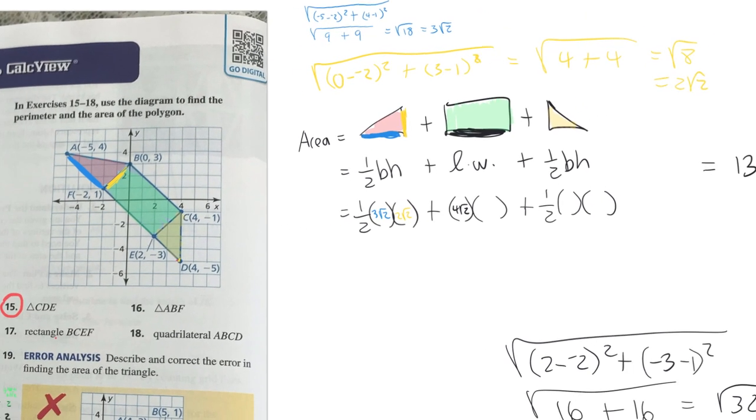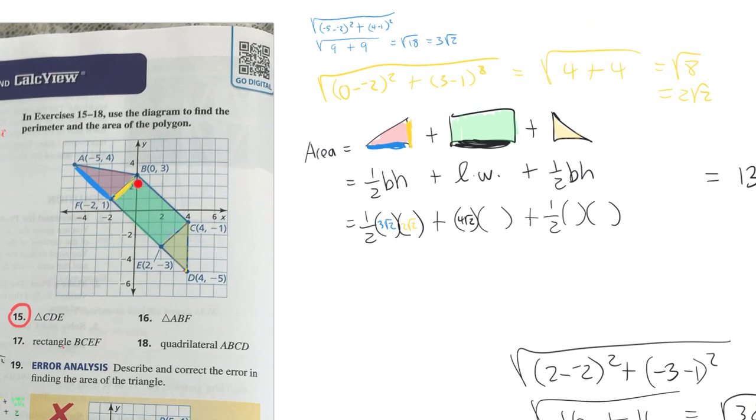Okay, now here's the beautiful thing. The height of the rectangle we already found. It's the same as the height of the triangle, and that was 2 radical 2. So we could just write 2 radical 2 there. Over here, we have a base times height. Well, similarly, we have the height.